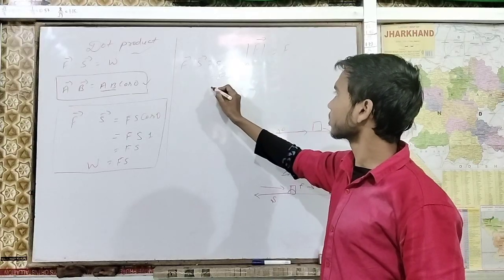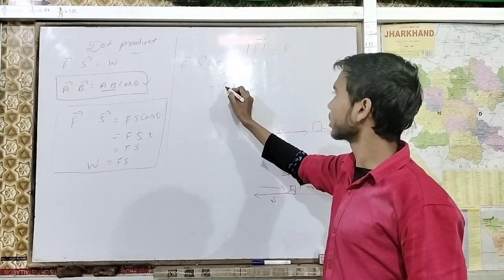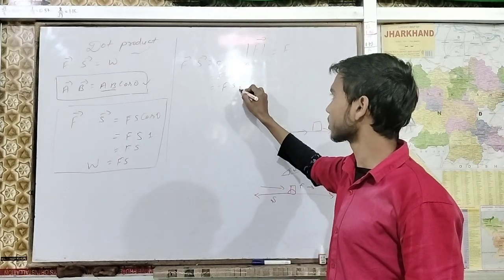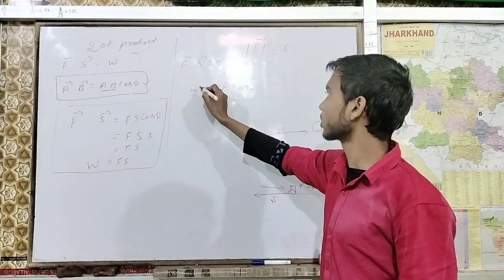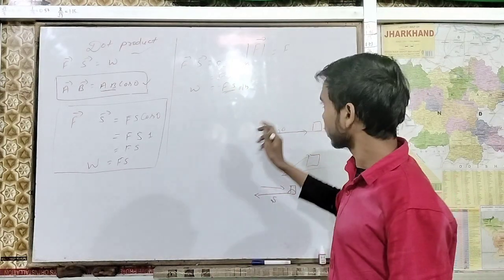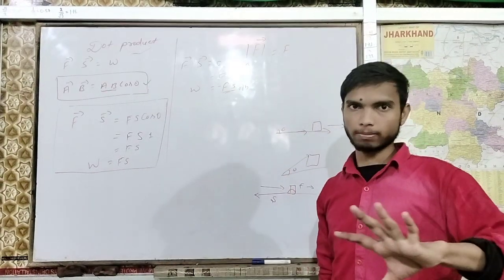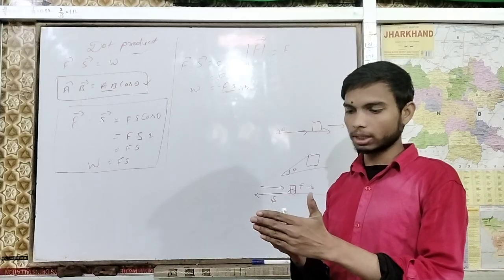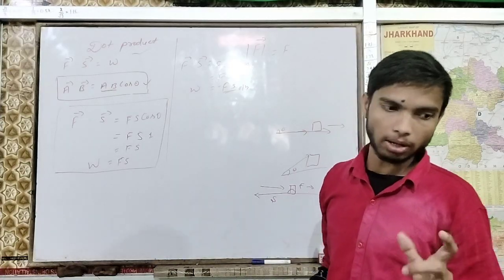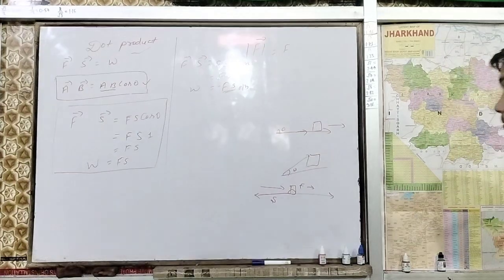So minus F into S. This is our answer. So W is equal to minus F into S. It is telling you that the box direction is opposite.